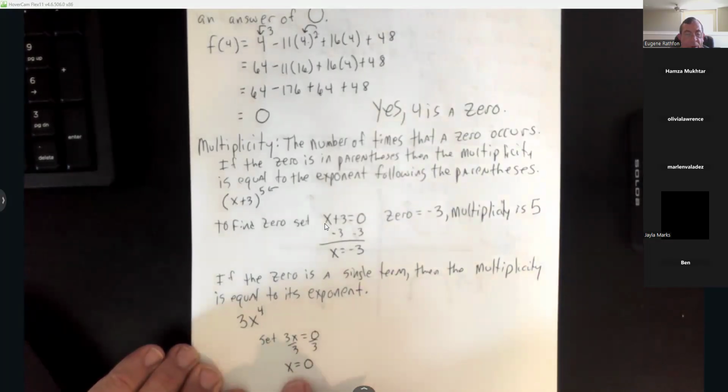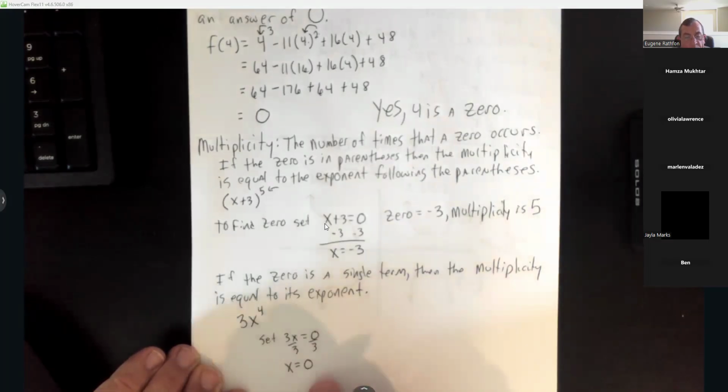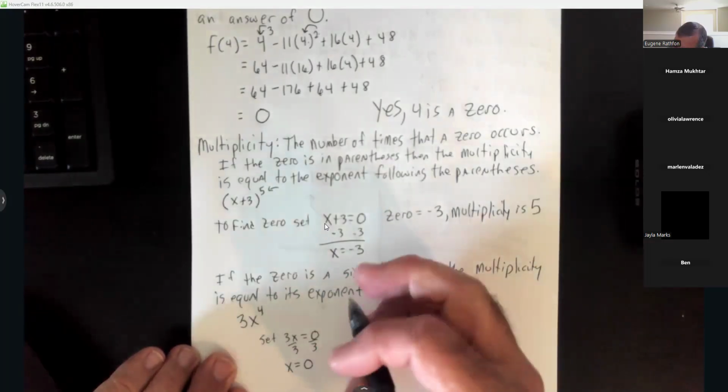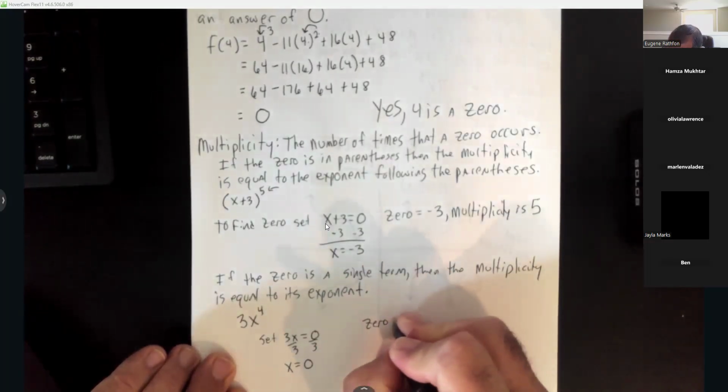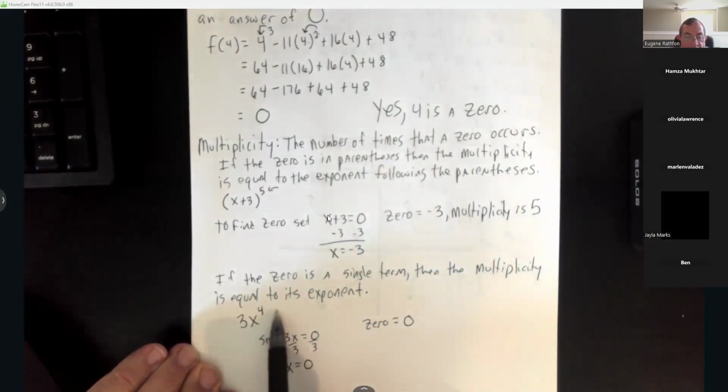And you get x equals 0. If it's a single factor like that, it's always going to be a 0 of 0. Single factors are always 0. So the 0 would be 0. And that's the only time your zeros will equal 0 is when it's a single factor, okay?